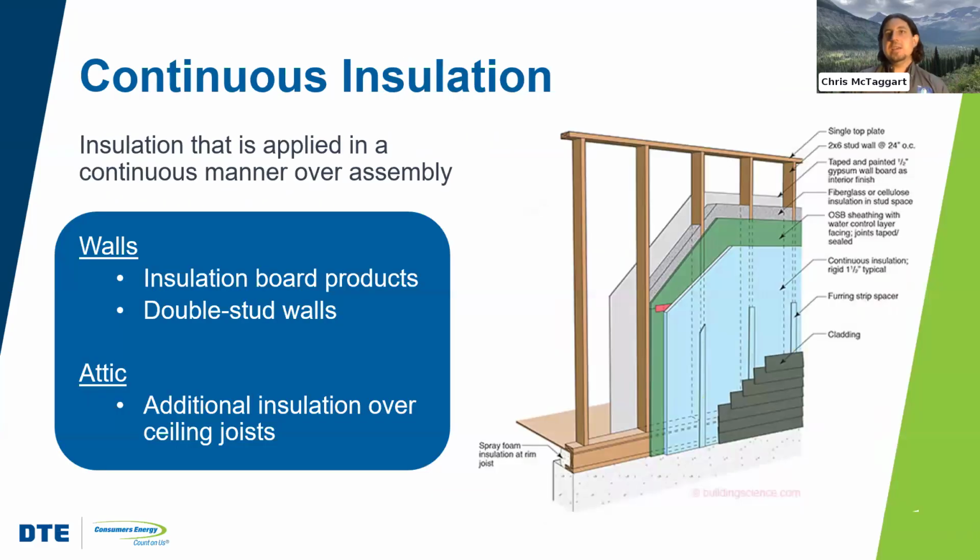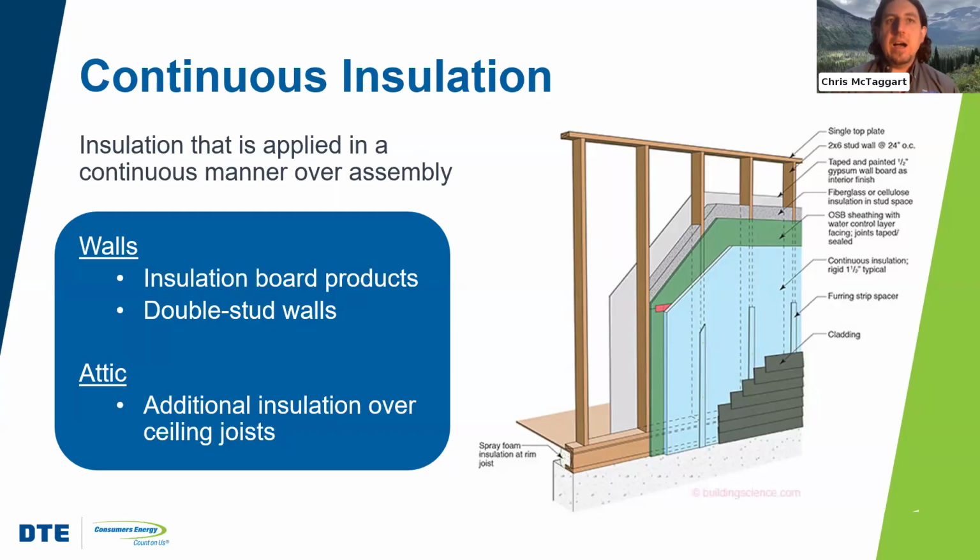Or alternatively, if a builder doesn't want to get fancy with their framing, they want their framers to do what they've always done, the other option would be to use continuous insulation. Continuous insulation goes over both the cavity as well as the framing, and that allows you to very substantially reduce heat transfer on the very outside of the building assembly.